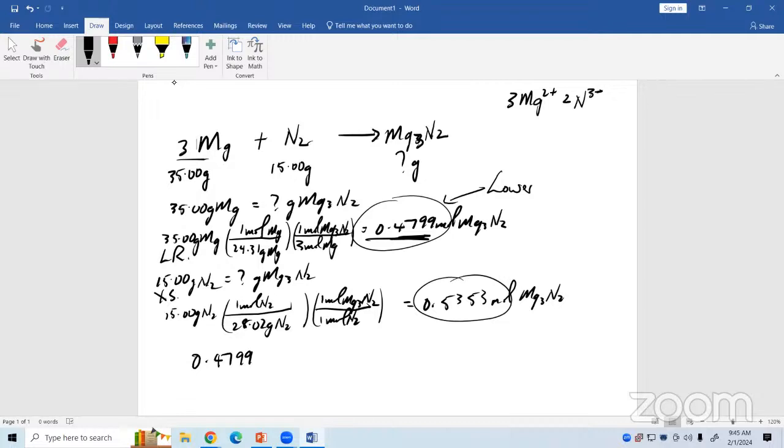So we have to multiply this by its molar mass. So that means we're going to have 1 mole. I'm sorry, this should be moles here. We're going to have 1 mole of Mg3N2 below, and the molar mass will be up top.